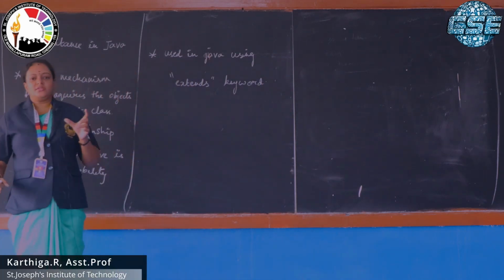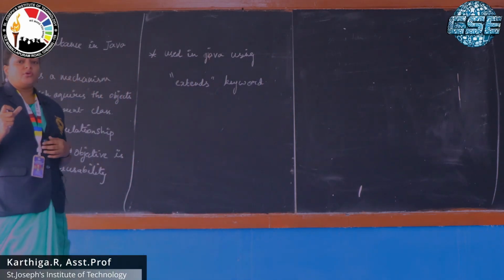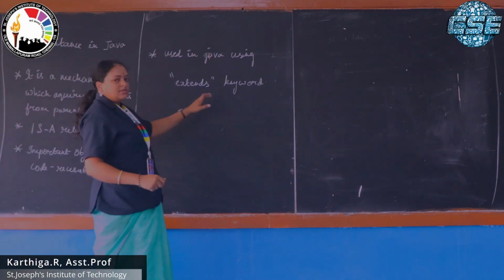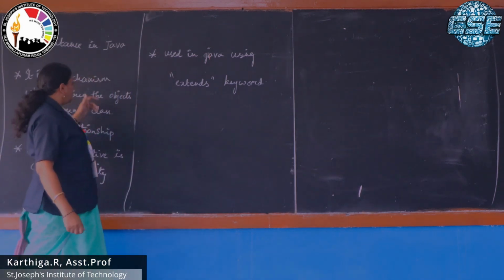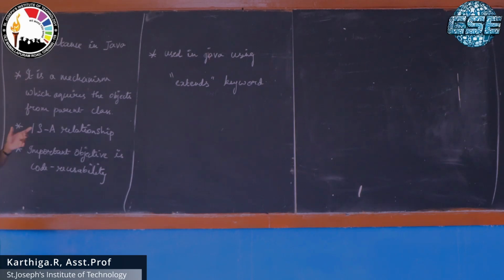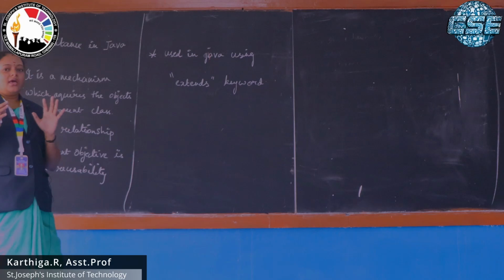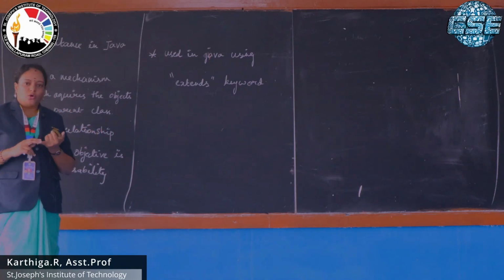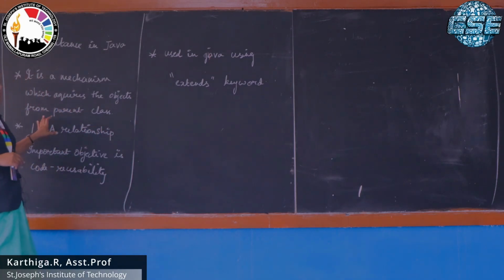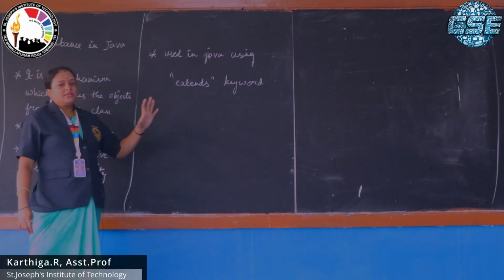So, inheritance is a mechanism which acquires the object from the parent class, its main objective is code reusability, and it is implemented by using the extends keyword.